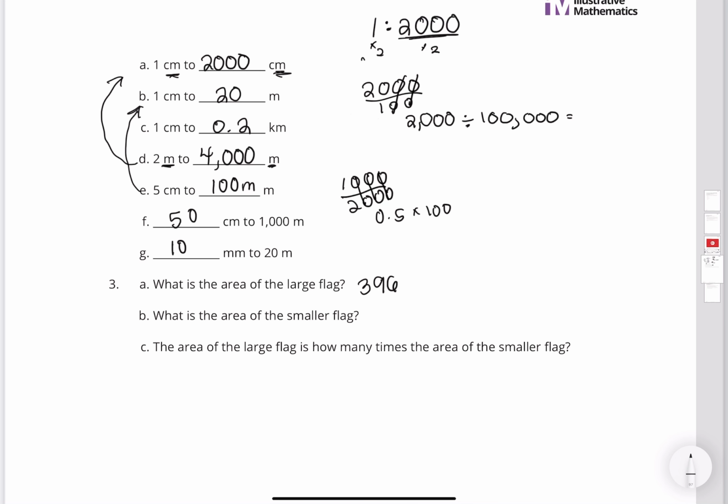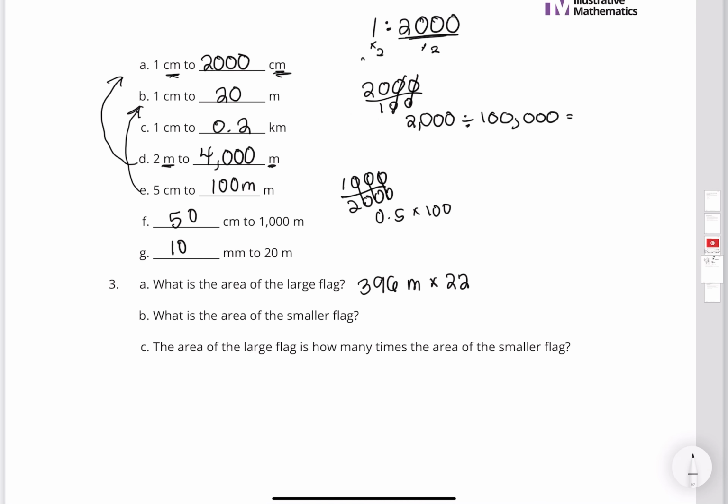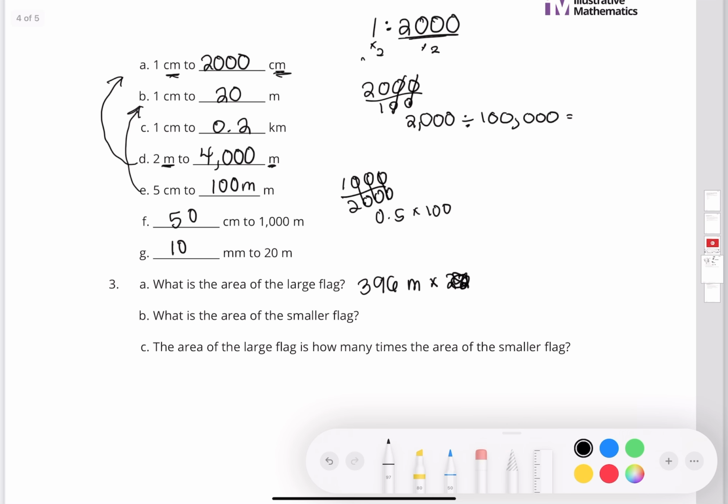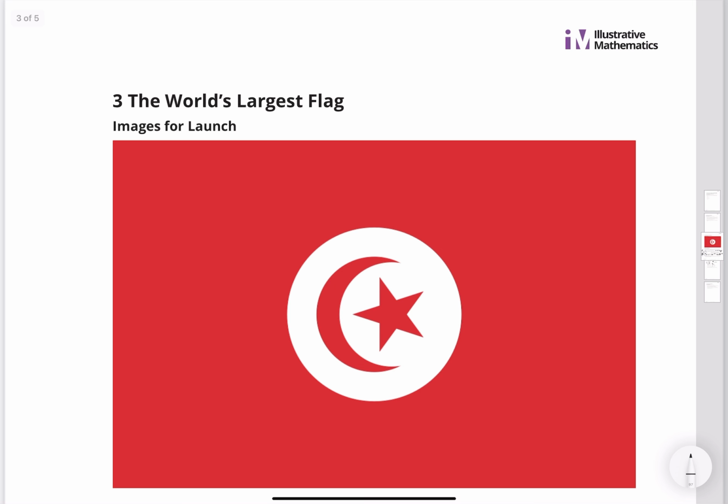396 meters times 264 meters. I don't know why I'm having such a hard time writing this, but 264 meters. And then for the smaller flag, let's get our notes from that right now.